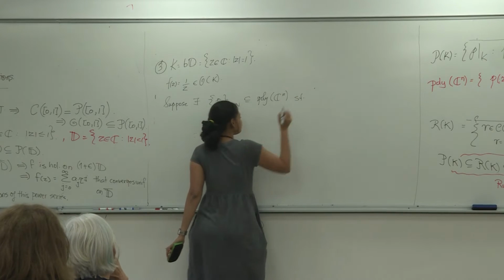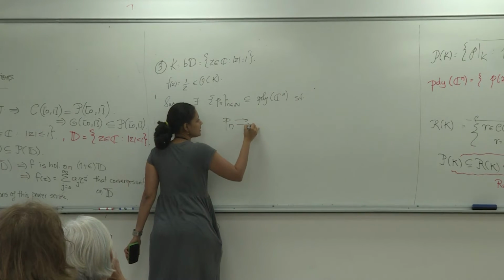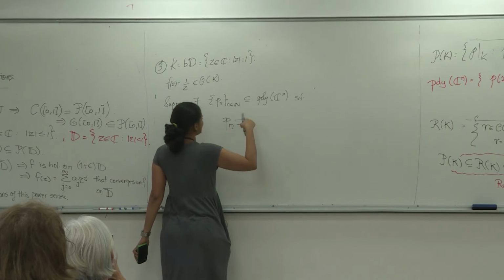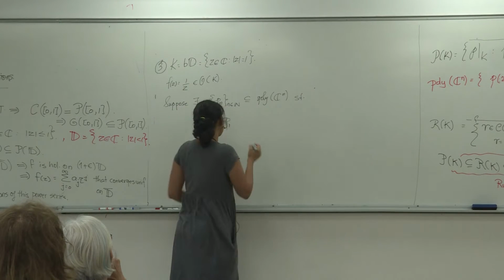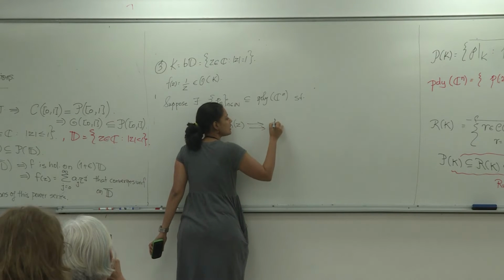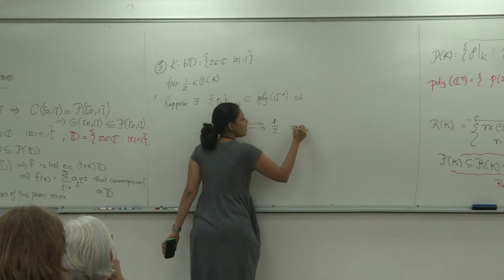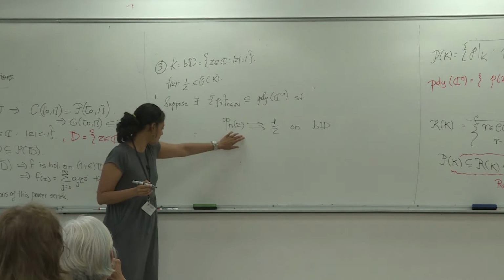such that, and more notation, maybe not many people like this, but I will still use it because it's convenient. So 1 over z on the boundary. What does this notation mean?